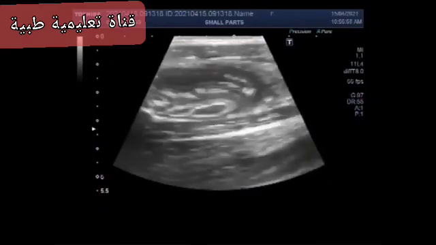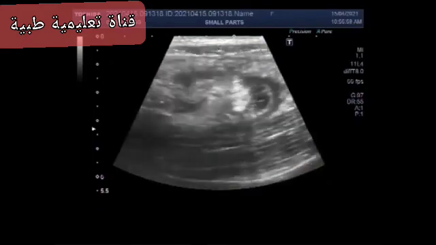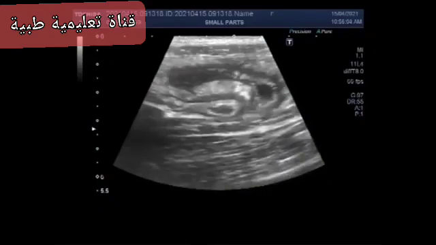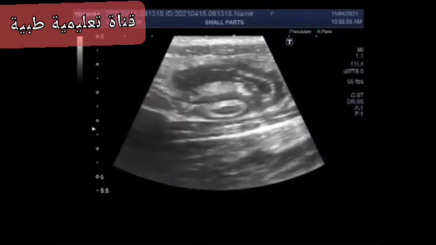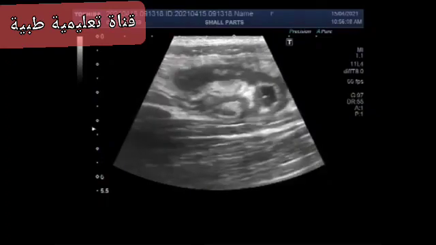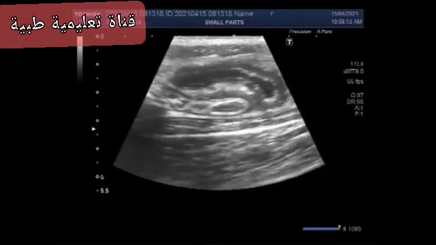Now you will have to start by applying gentle pressure, then firmer pressure to displace the bowel gases. As the bowel loops are inflamed, they are fixed without peristaltic movement. Most often tenderness can help to localize the appendix.